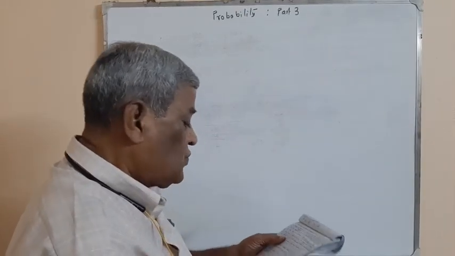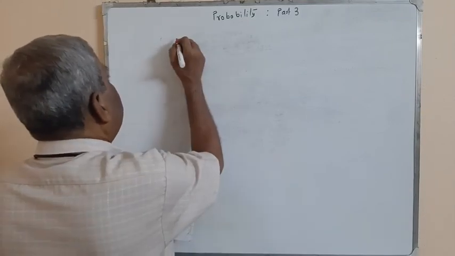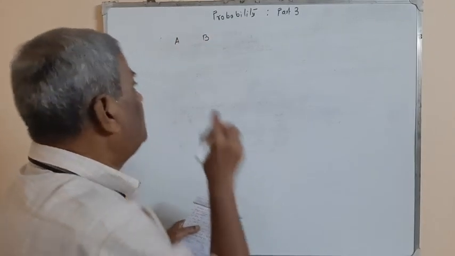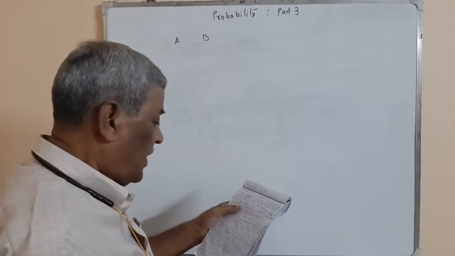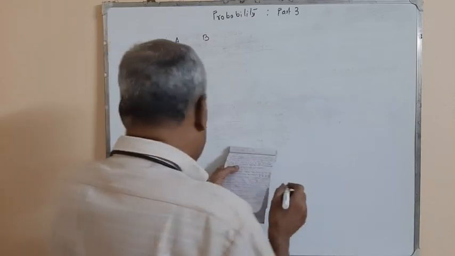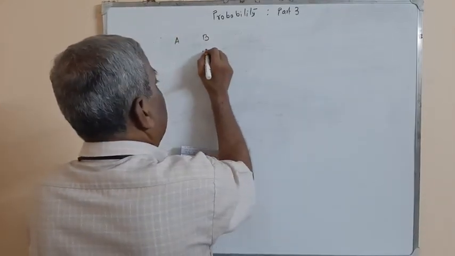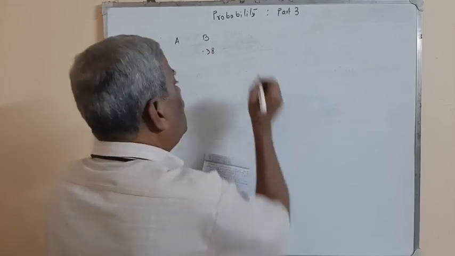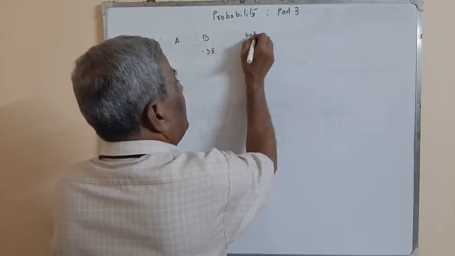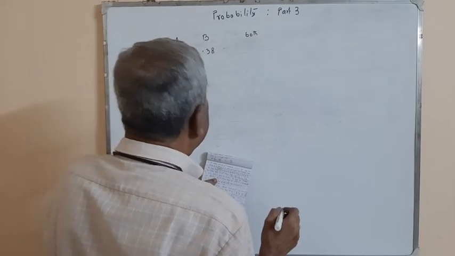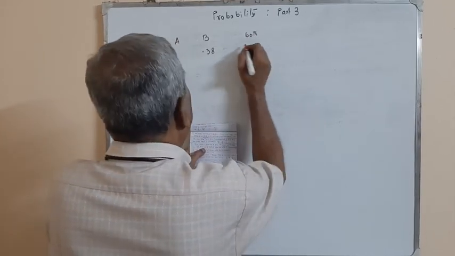One problem is given to A and B. The probability that B alone can solve it is 0.38, and both of them can solve it individually is 0.23.